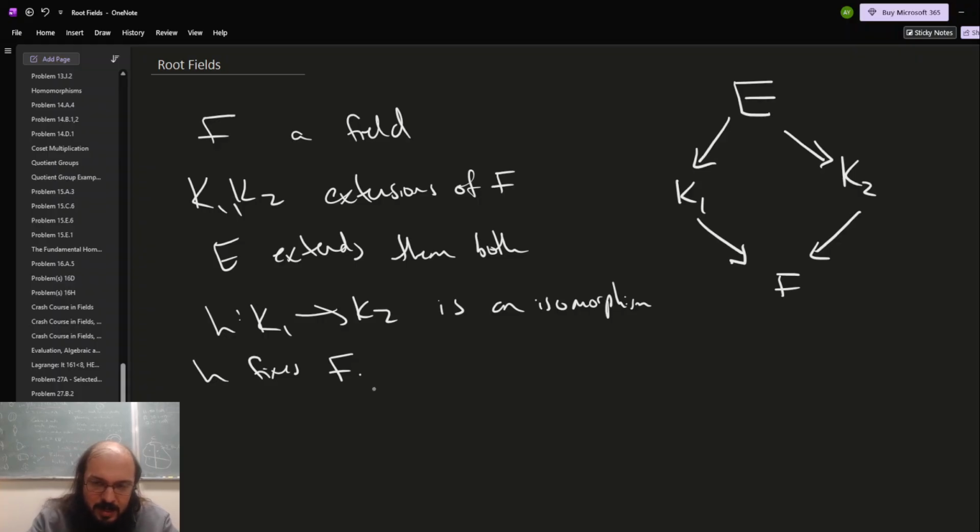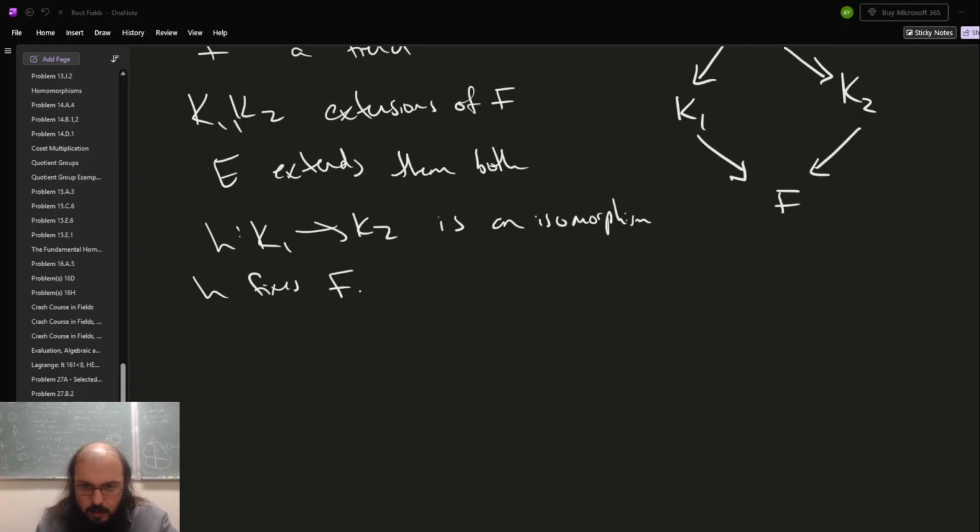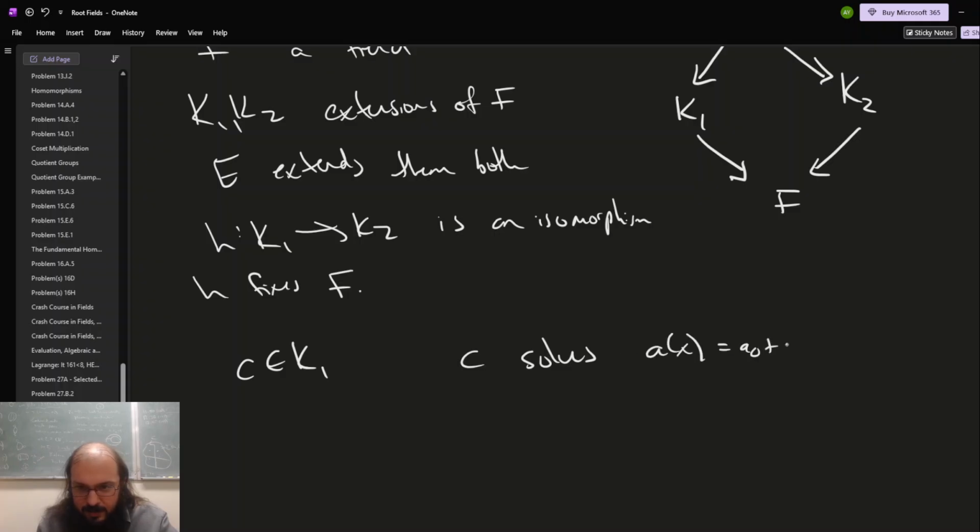Now, suppose that I take some element of K1, let's call it C. Since it lives in K1, it's a field extension, I can write it as a root of some polynomial, right? I can say that C solves A of x, and maybe that's A0 plus A1x plus A2x squared, and so on, as follows.